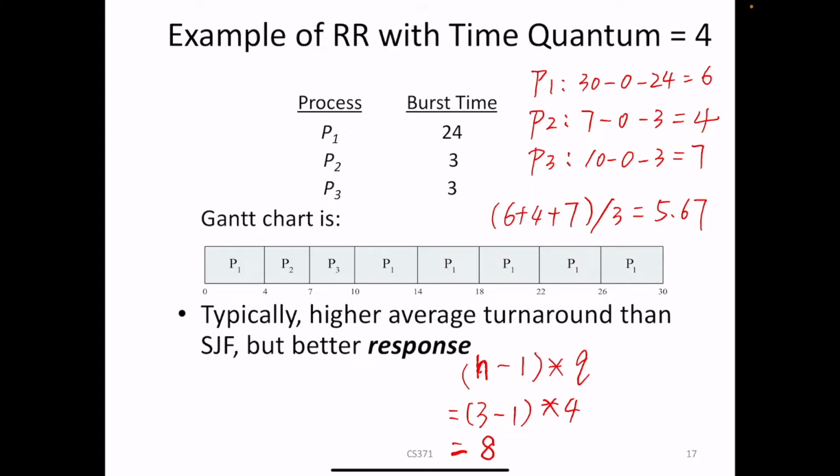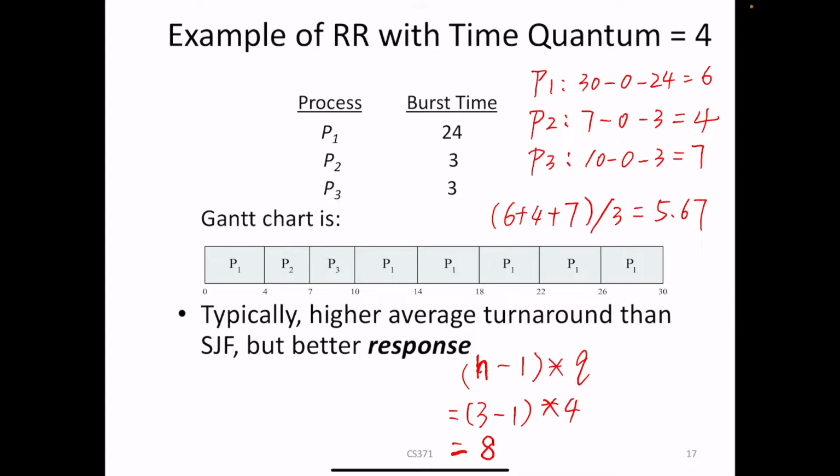In this slide, we are going to show an example of round robin with time quantum equal to 4. In this example, we have three processes, P1, P2, and P3, with CPU burst times 24, 3, 3 respectively.